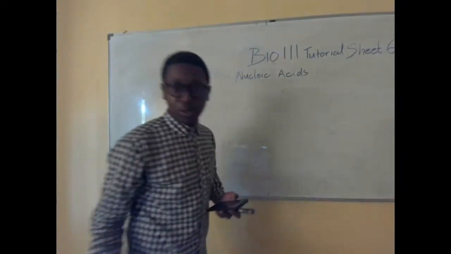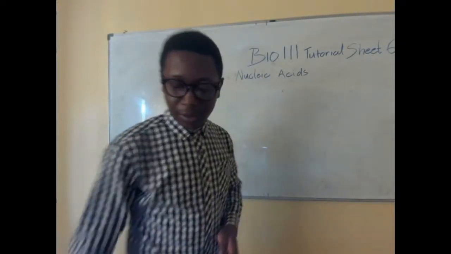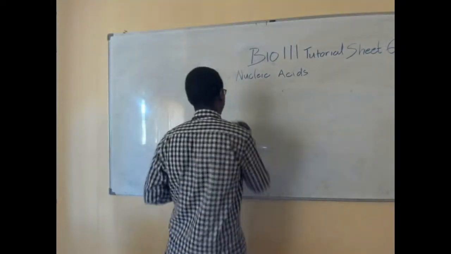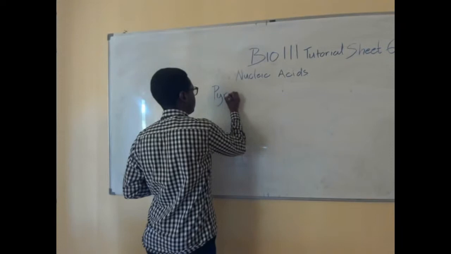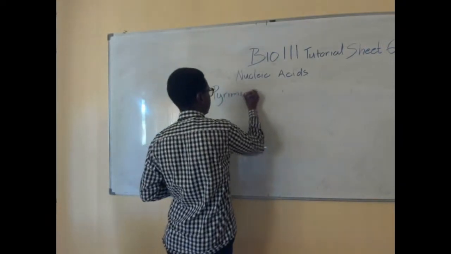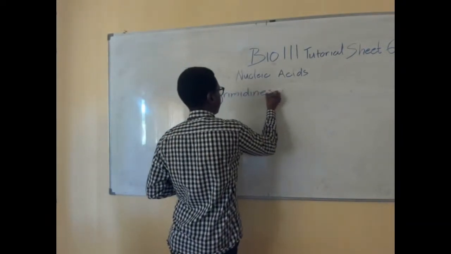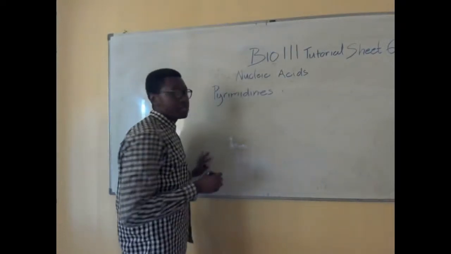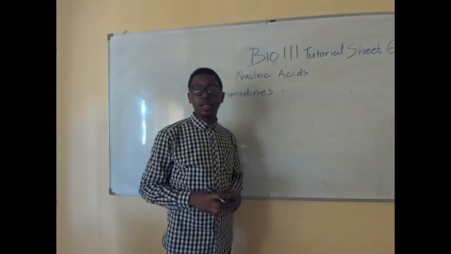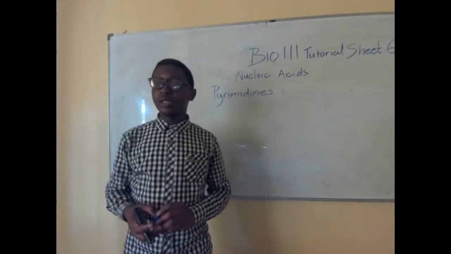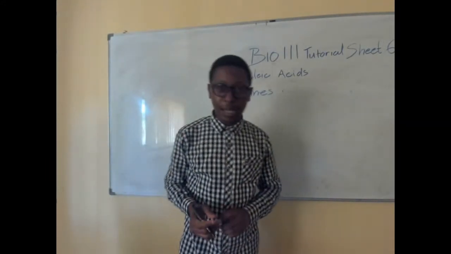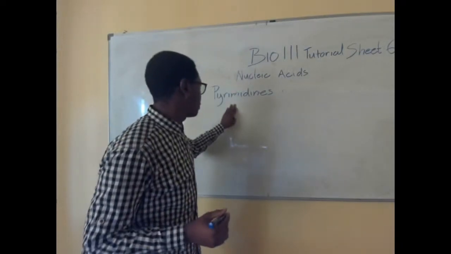We'll start with the pyrimidines. There are 3 pyrimidines that are found in nucleic acids and 2 purines that are found in nucleic acids. So we are starting with the pyrimidines.